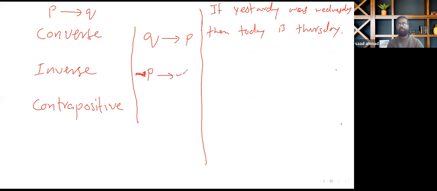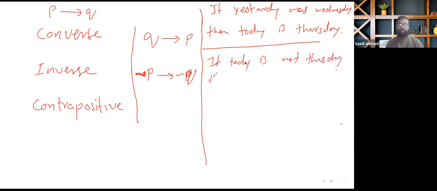For example, taking the original statement: if today is not Thursday, then yesterday was not Wednesday. Okay, that's our inverse. We make the opposite.